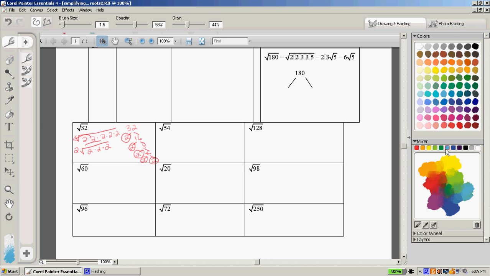I'm going to go ahead and switch colors so it makes it a little easier to see. Okay, so now we have 2 square root of 2 times 2 times 2, and these have a twin, and they're going to go outside the house. So it becomes 2 times 2, times the square root of 2. This 2 doesn't have a buddy, so it has to stay inside the house. And since 2 times 2 can be multiplied together, the answer becomes 4 square root of 2. And that is your answer.